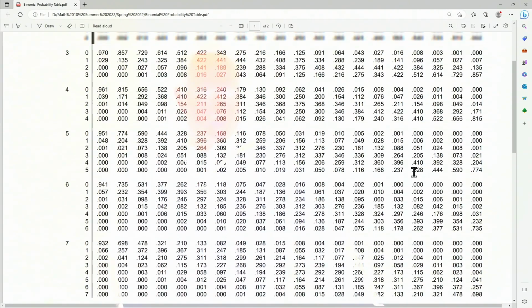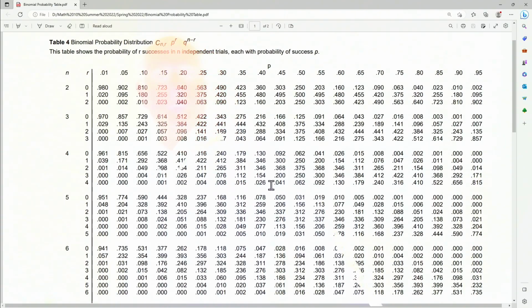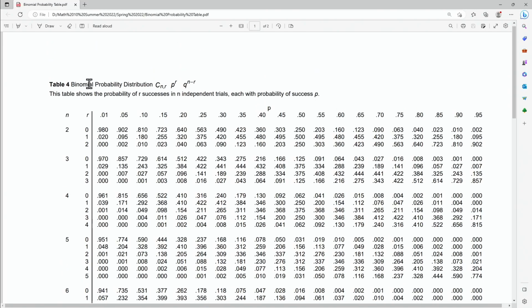Let me zoom in here so we can look at it. This is actually called Table 4, Binomial Probability Table, or Binomial Probability Distribution. And like I said, they're using R instead of X for the number of successes, but it's still the same formula. It's still NCR, P to the R, Q to the N minus R.